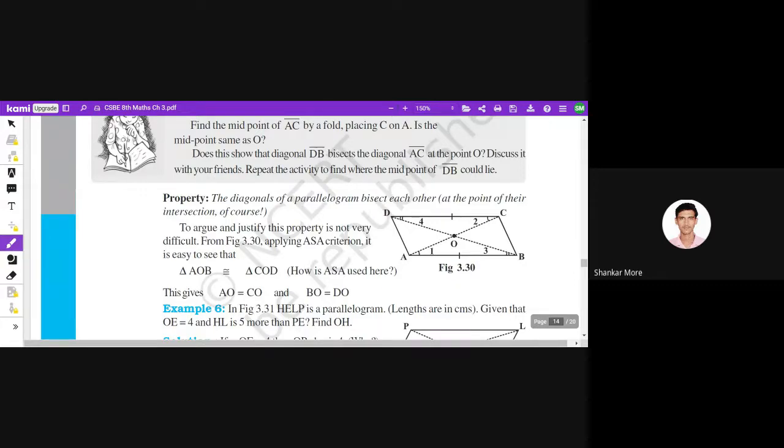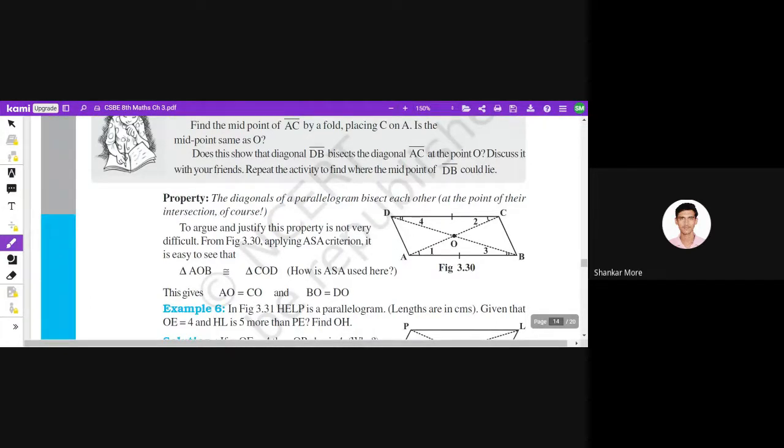जहाँ पे वो एक दूसरे को cross करते हैं diagonals या फिर एक दूसरे को cut करते हैं, so that point is the midpoint of both the diagonals. मतलब जो दोनों diagonals हैं उन दोनों का वो midpoint रहता है. Now see, यहाँ पे दो diagonals हैं. Which one?